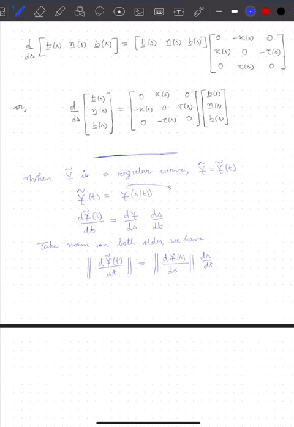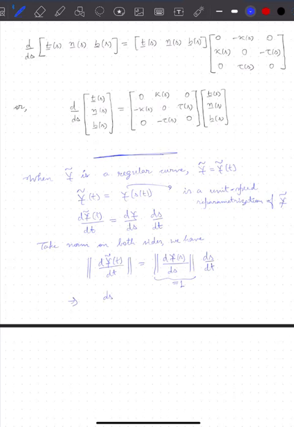So this gamma here is a unit speed reparameterization. And of course, the norm of this is just the magnitude. The way we define it, we always take ds by dt to be positive in nature. So this is, of course, equal to 1.